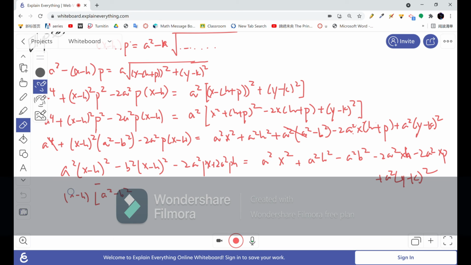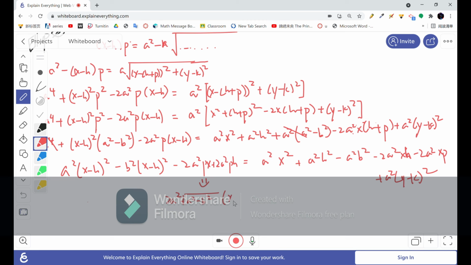Actually, no. Since it doesn't match our final equation, we're going to turn this into 2a squared square root of a squared minus b squared times x plus h, and if these two can cancel out, oh, actually it's x minus h.